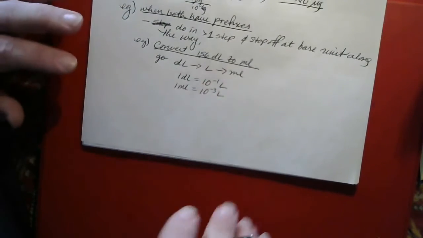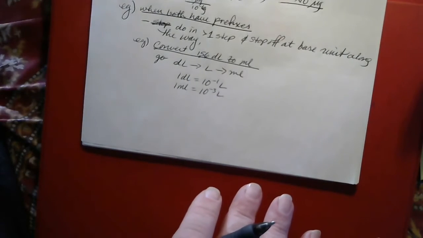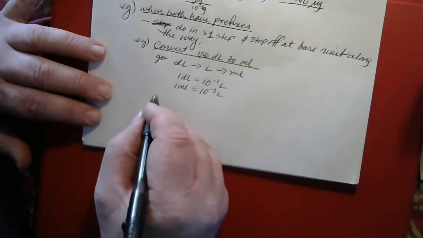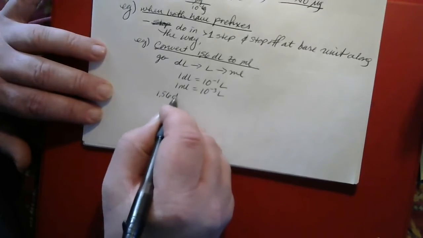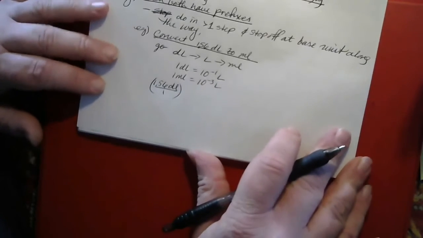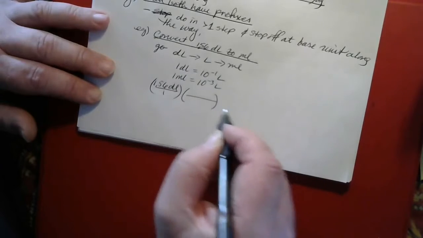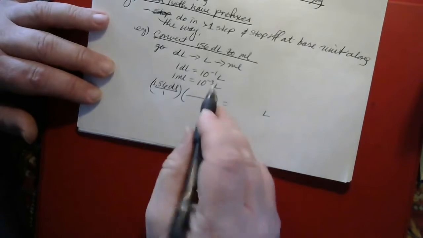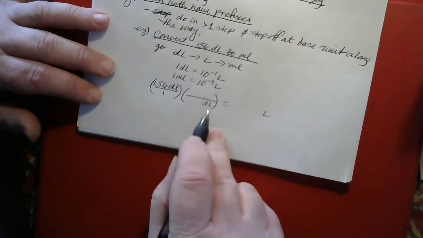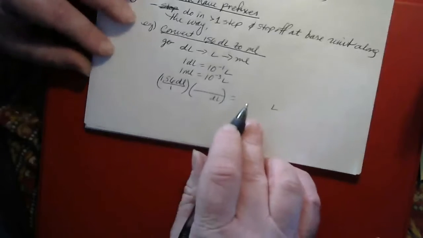Then we just have to keep in mind what unit goes where in order to make things cancel out the way we want when we're setting up the conversion factors. So if we start with 1.56 deciliters, we can consider that to be a fraction, as a number divided by 1. To go to liters, we want deciliters in the denominator of the conversion factor so that they'll cancel, and liters in the numerator.